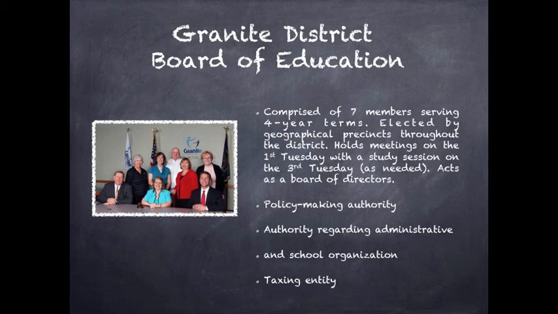Now, the school board has a 30,000-foot level view and vision of the school district. You as a school community council member serve at the local level and are intended to have site-based local decision-making.